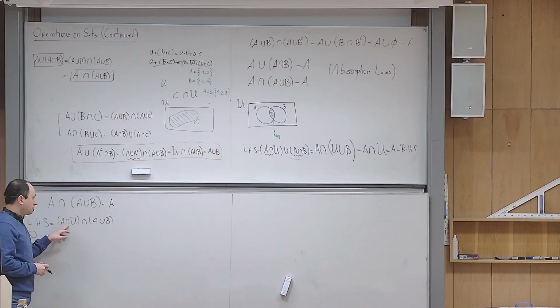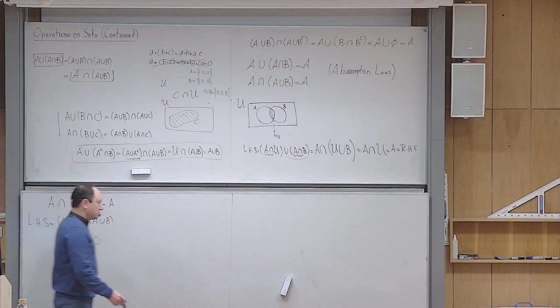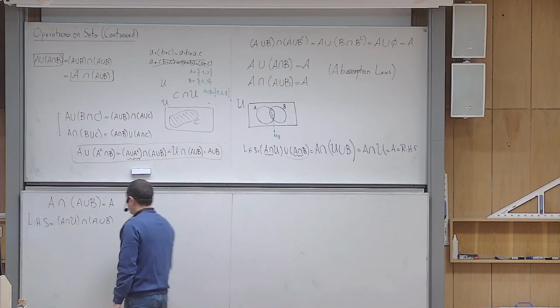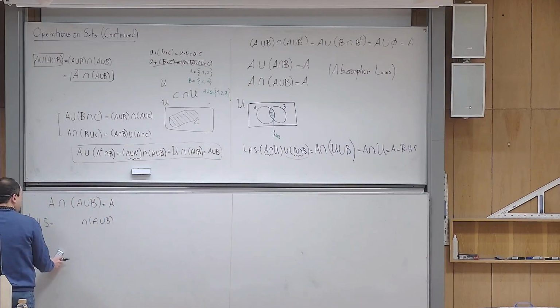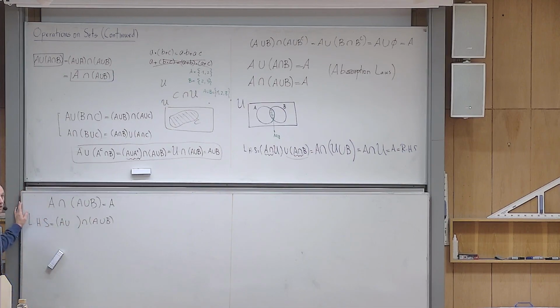Okay, so instead of that, I need something. I want to have A, but instead of intersection, I want to have the union. If you think in that way, that is not hard, by the way. What do you think I will write here? Instead of A, I want, if possible, to write it as A union something. Yes? The empty set. So A union the empty set is the set itself, on the one hand.